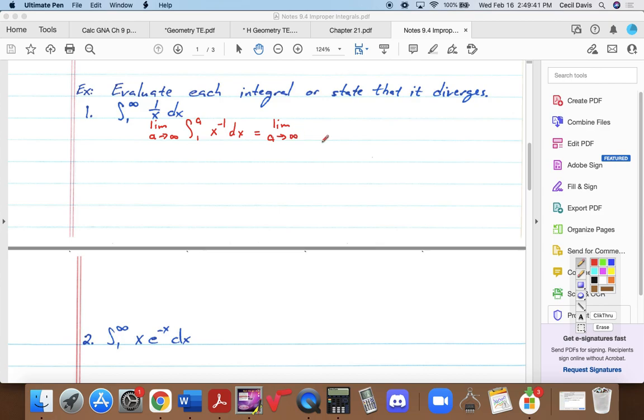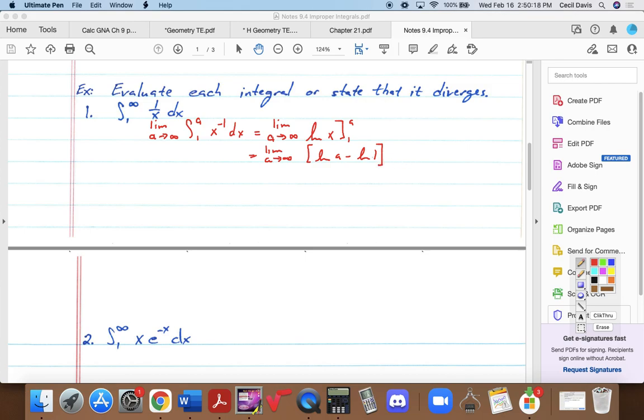So the limit as a goes to infinity of, well, what's the antiderivative of x to the negative 1? Natural log of the absolute value of x. We can drop the absolute value because between 1 and infinity, everything is positive. So this will be the limit as a tends to infinity of the natural log of a minus the natural log of 1.